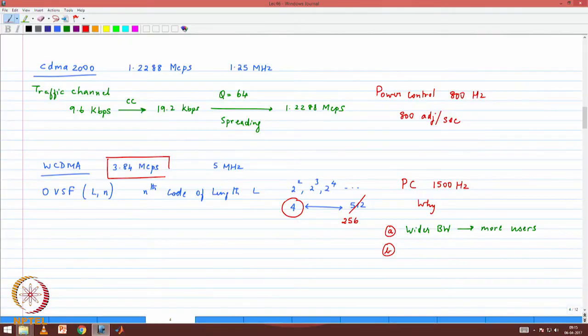In wideband CDMA, there are some users who are running at a spreading factor of 4. They don't have much protection. Why are they using spreading factor of 4? Because they have lots of data to send. Now, if they have less protection against multi-user interference, and somebody else is transmitting with more power, they can actually kill these users.